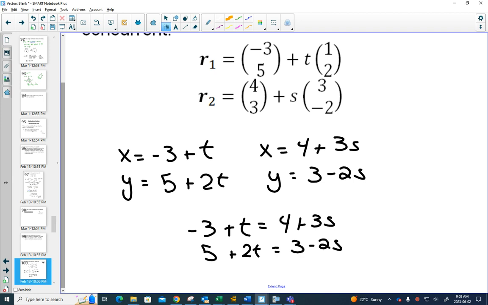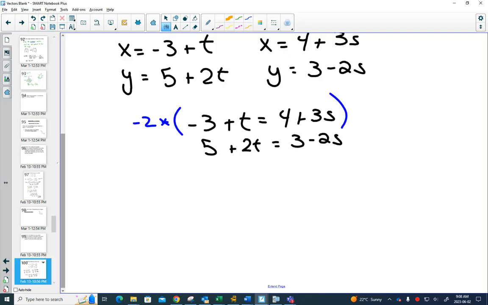And again, you could choose to solve this with matrices, substitution, elimination, whatever you would like. Okay? I think my favorite is elimination. So I often take that first equation, I'll multiply everything by -2.